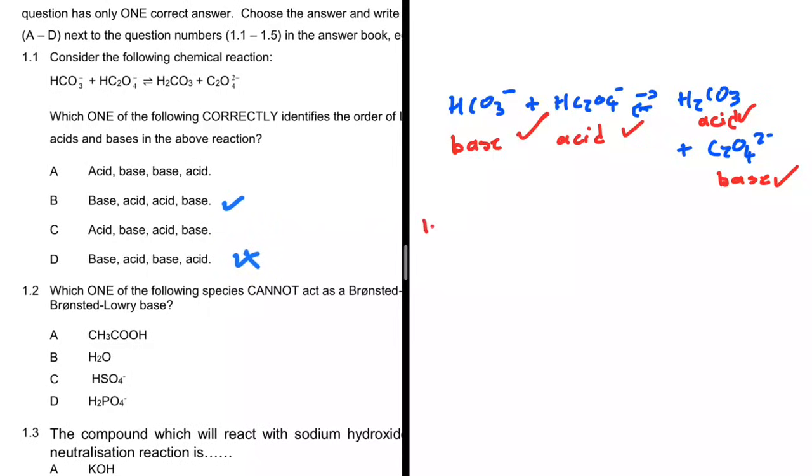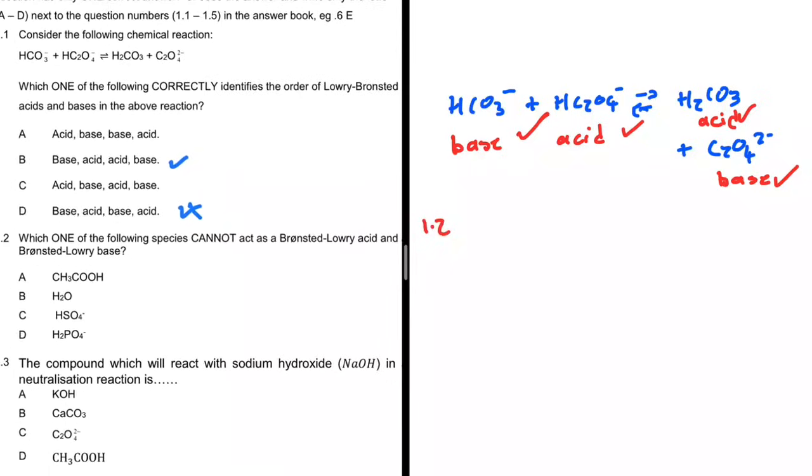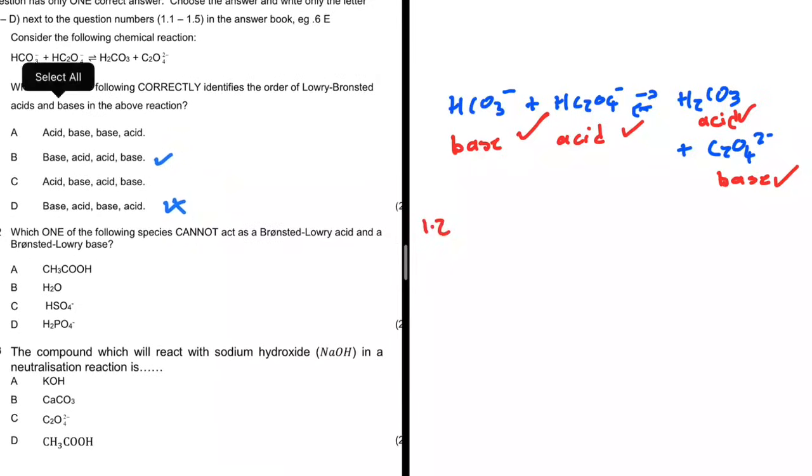What about 1.2? Let's take a look at that. Which of the following species cannot act as a Brønsted-Lowry acid and as a Brønsted-Lowry base? I was thinking "can", but it is "cannot".